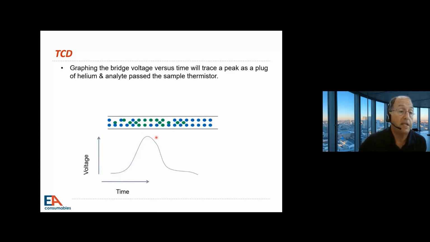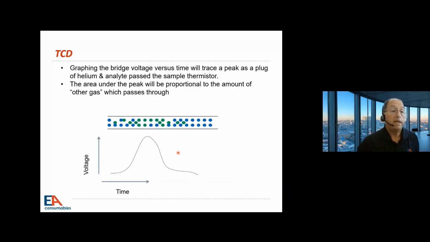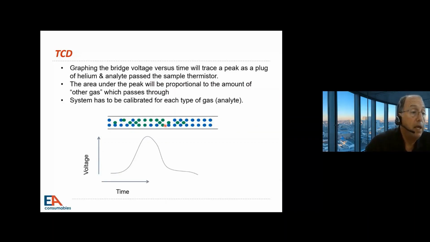But then as the carrier gas flushes this back through to just pure helium again, it returns to the baseline. And the area under the peak will be proportional to the amount of other gas which passes through. And the system has to be calibrated for each gas type because they will have a different response.